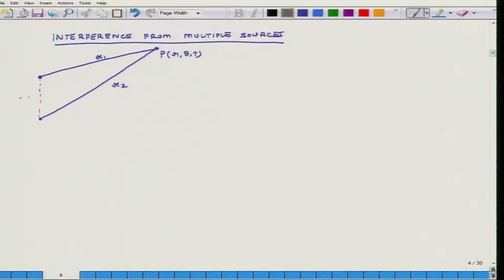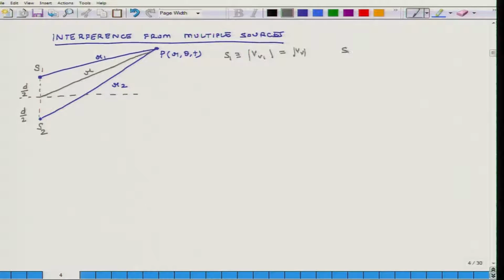This is my median line, the horizontal line. The distance from the median line to point P is R, and the two sources are each at distance d over 2. The two sources are S1, S2, and the volume velocity for S1 is VV1 with magnitude VV.